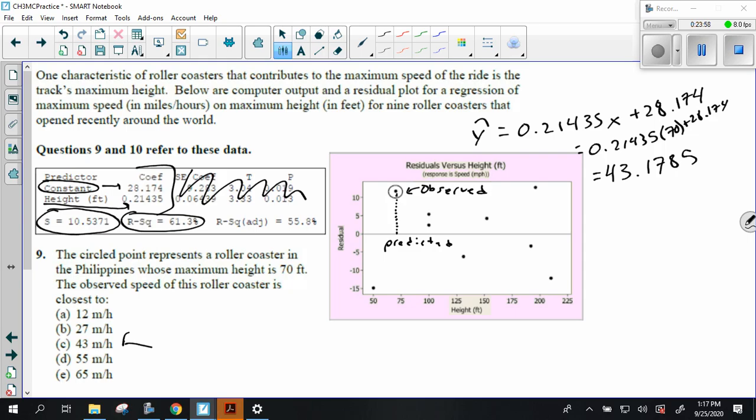Maybe it's 12. That would probably make more sense for the answer. So let's go ahead and add 12. 43.1785 plus 12. And I'm talking about that distance right there. We're going to estimate it's 12 or 11, something. So we're going to get 55.1785. And we'll actually choose D.